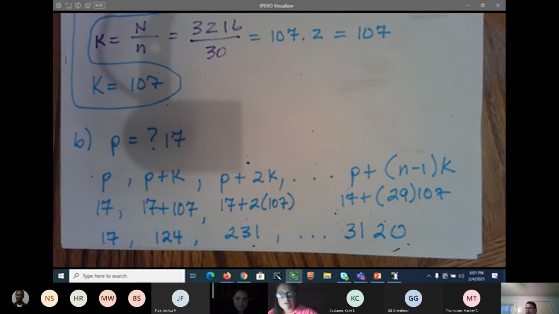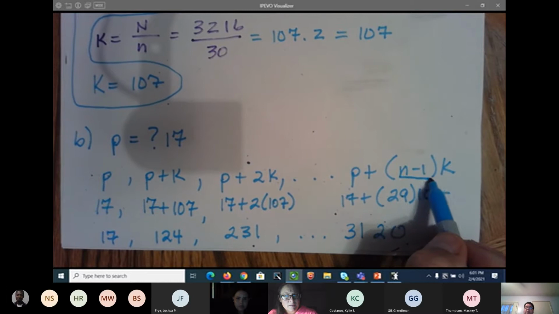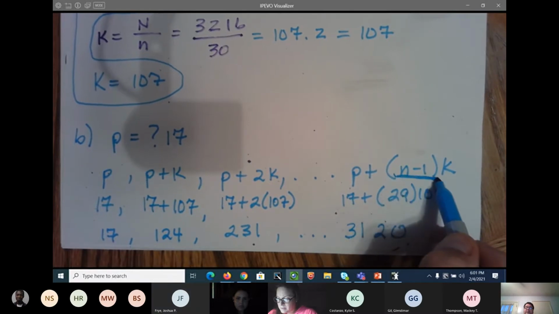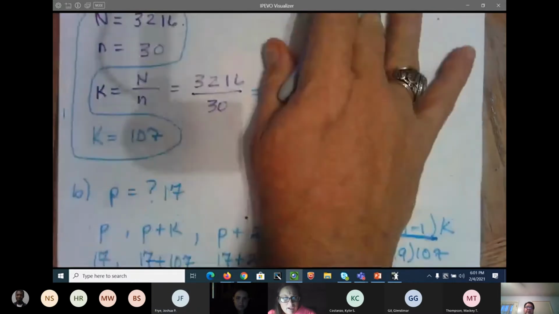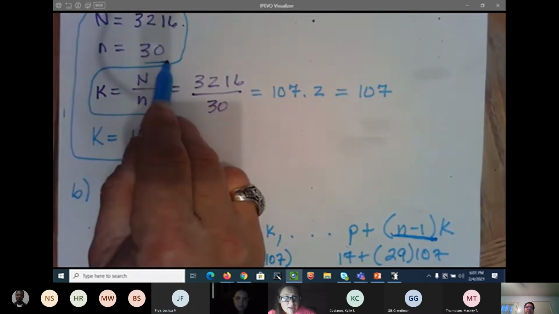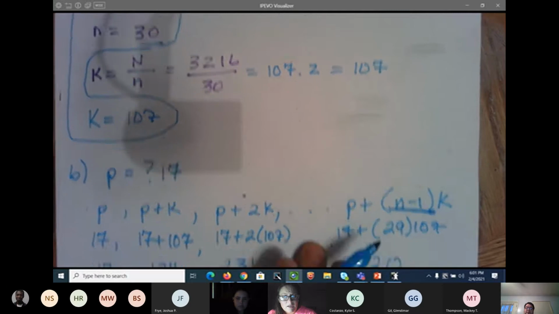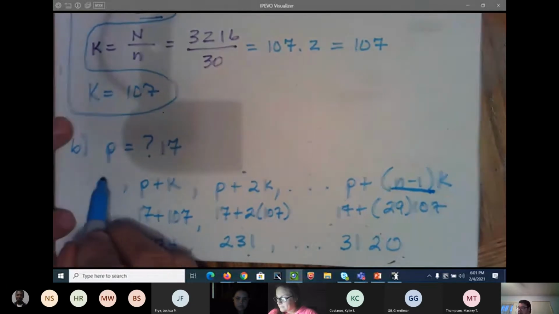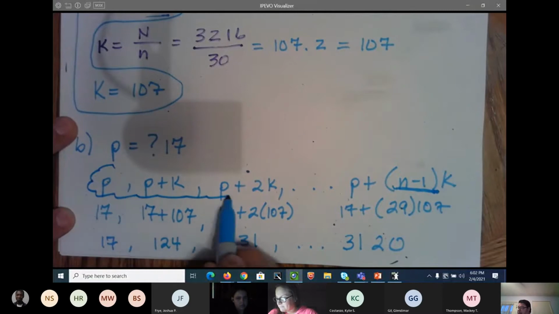Okay, so where did the 29 come from? What is n? It's your sample, which is 30. What's 30 minus 1? 29. You got it. This is the formula you use for this problem.